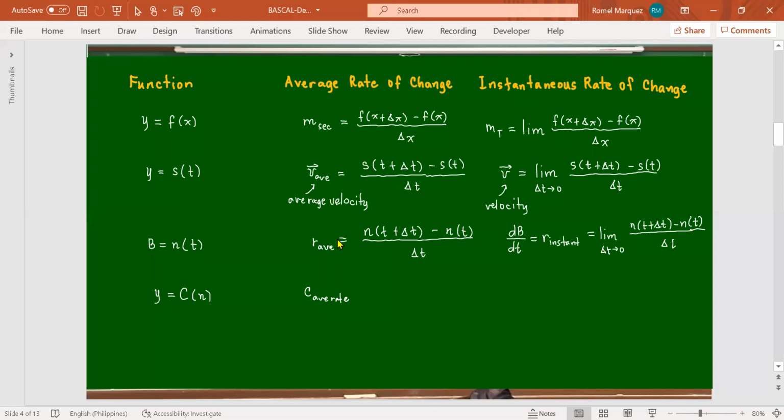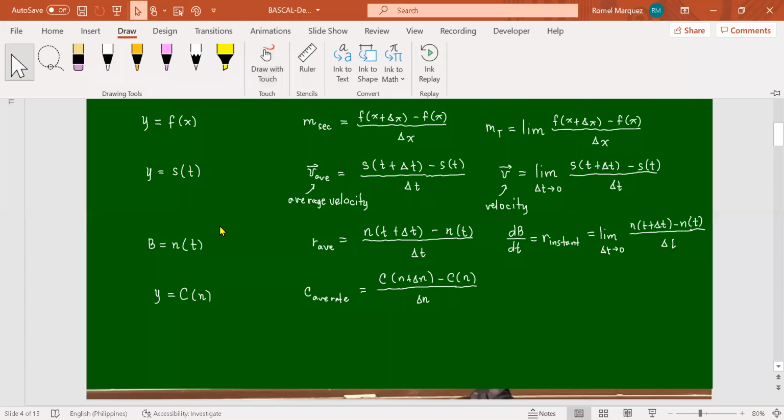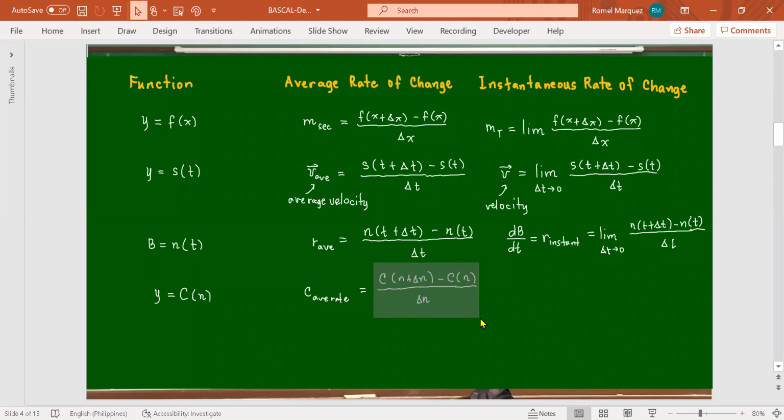So, what is that average rate, guys? Madali lang naman. It is C of N plus delta N minus C of N, all over delta N. And if we get the limit of this as delta N approaches 0, I can now get the instantaneous rate of change.